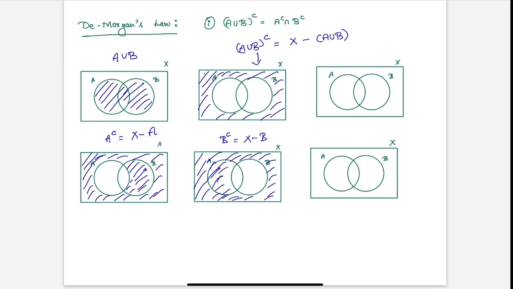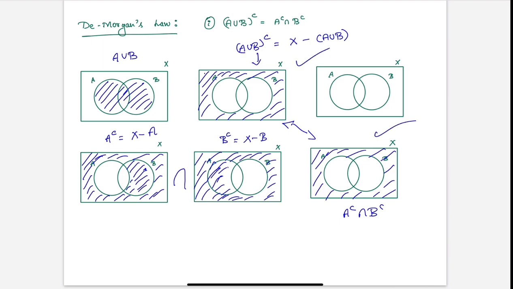Now shall we take the intersection of these two? What is the common shaded area in these two diagrams? Yes, it is the outer part of A union B. Are these matching? This is A complement intersection B complement.